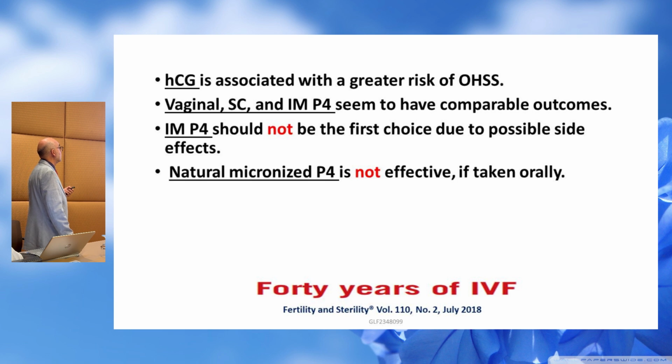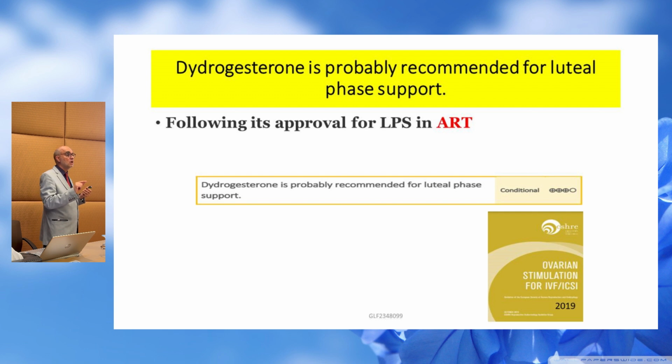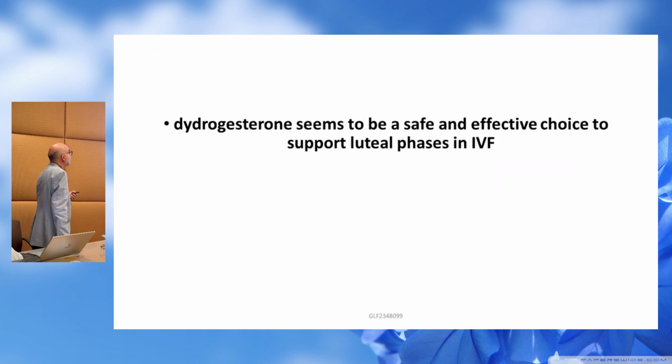And to summarize, this publication mentions that HCG is associated with ovarian hyperstimulation; vaginal, subcutaneous, and intramuscular are similar. Intramuscular is not the first choice. Natural micronized progesterone is not effective, as I told you. And dydrogesterone, after its approval in IVF patients, is a promising option, as mentioned by the ISHRI, and actually seems to be a safe and effective choice to support the luteal phase in IVF.